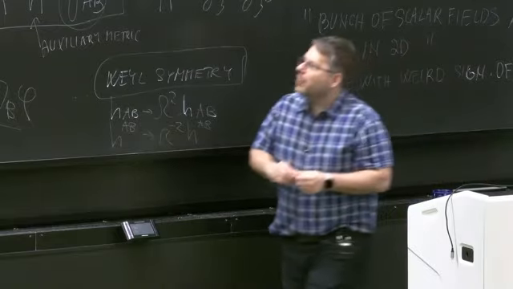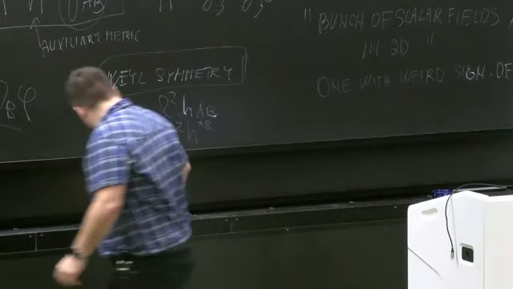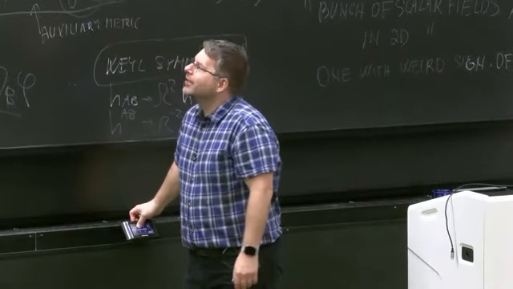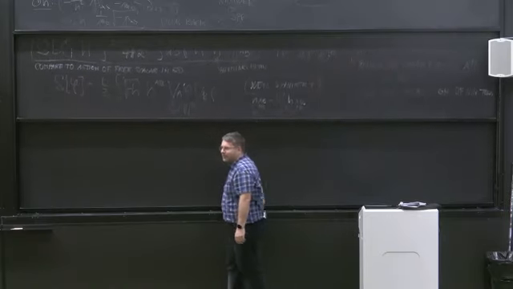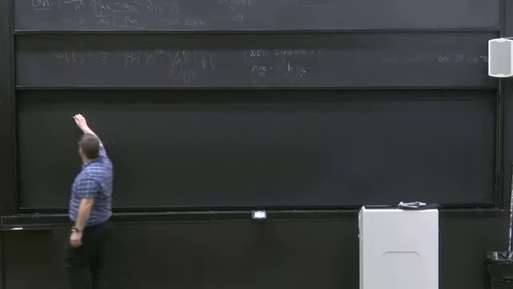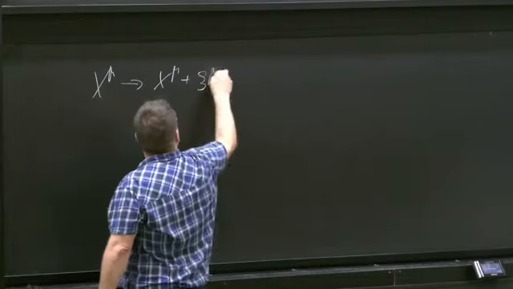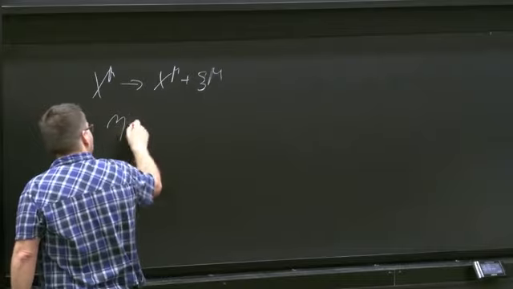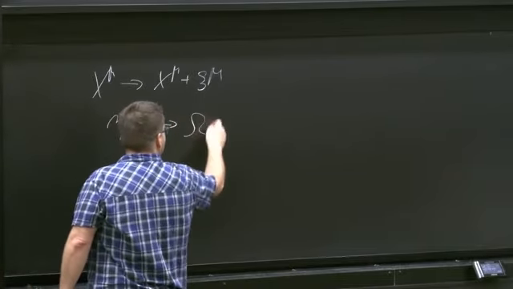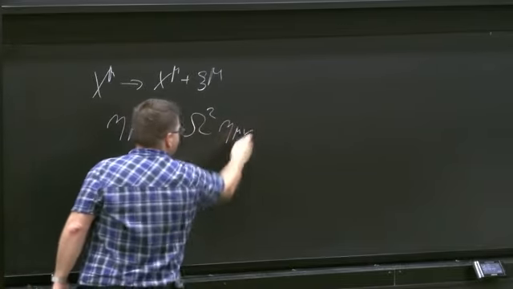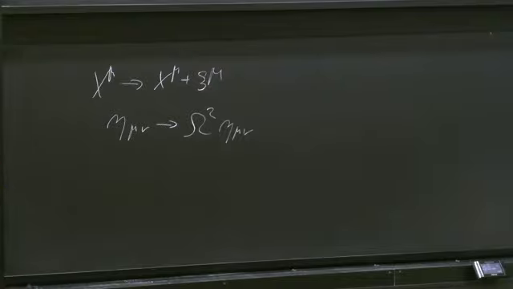Definitely not. What conformal symmetry is, is that I consider coordinate transformations. I go from x^mu to x^mu plus psi^mu, so that my metric eta_mu nu goes to omega squared eta_mu nu, right? That's what conformal symmetry is.